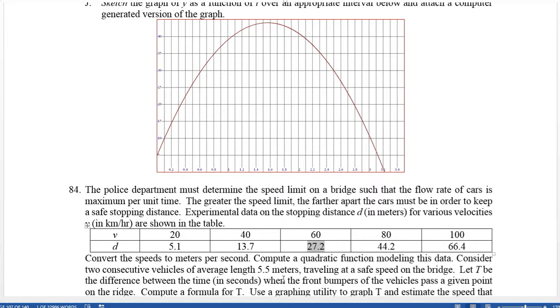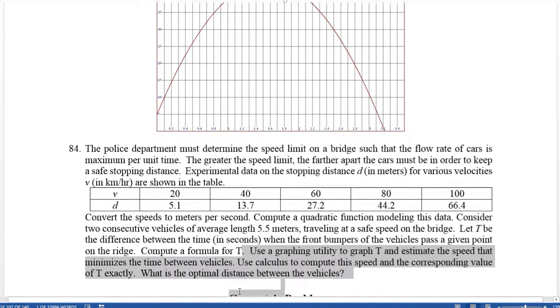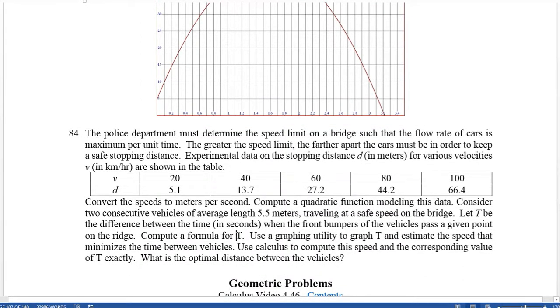Let T be the difference between when the front bumpers of each vehicle pass a given point, and let's get a formula for T. Okay. Use a graphing utility to graph T and estimate the speed that minimizes the time between vehicles. Use calculus to compute the speed and corresponding value of T exactly, and what's the optimal distance between the vehicles.